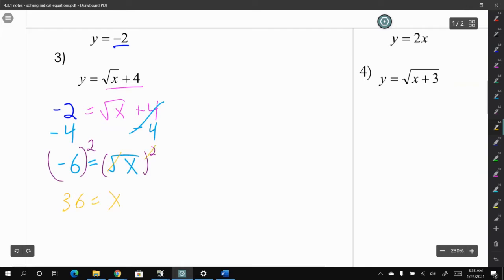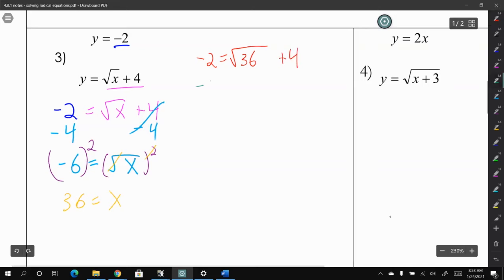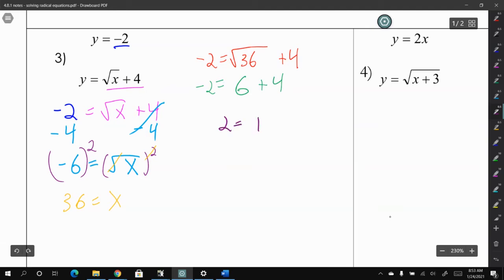You need to go and plug that back in to the original equation. So I'm going to plug that in. -2 equals the square root of 36 plus 4. -2 equals the square root of 36, which is 6, plus 4. -2 equals 10.